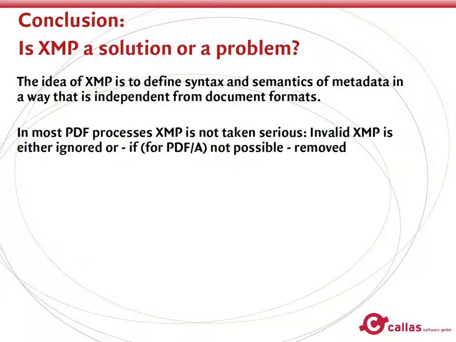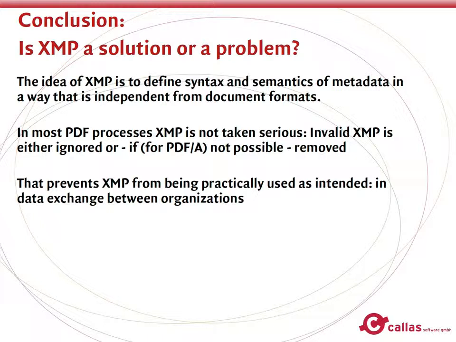But to be honest, and that is my experience, in most real-life PDF processes, XMP is just not taken seriously. For instance, most PDF/A converters would just remove invalid XMP. And I believe that this is a problem because XMP cannot be practically used in data exchange if it's just being removed when it doesn't fit.